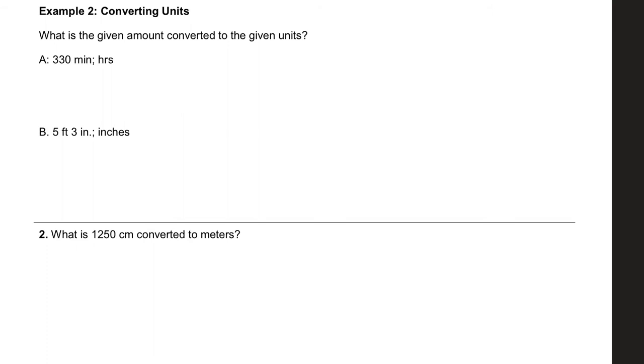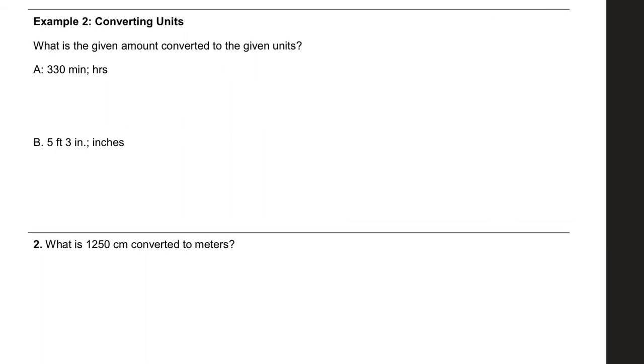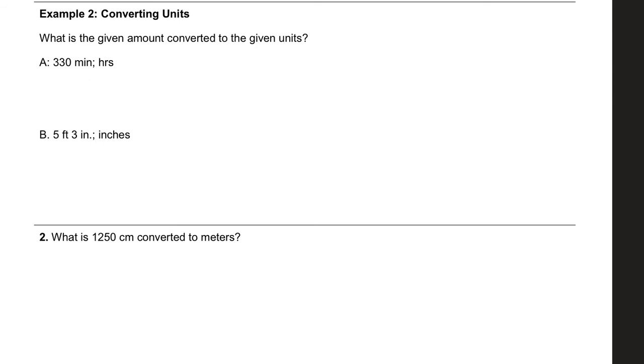So when I convert this, I'm going to take my 330 minutes and I'm going to multiply by something called a conversion factor. So a conversion factor could be there are 60 minutes in 1 hour, or there is 1 hour for every 60 minutes.